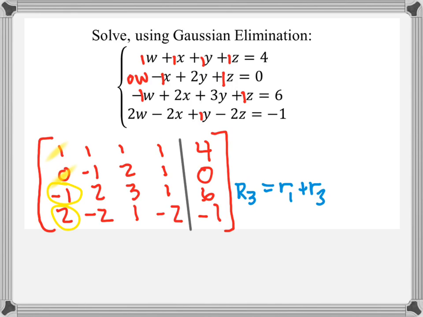So our new row 3 will be 1 times row 1, because the opposite of -1 is 1, plus our old row 3. And for our fourth row, our new row 4 will be, the opposite of 2 is -2, -2 times row 1 plus our old row 4.